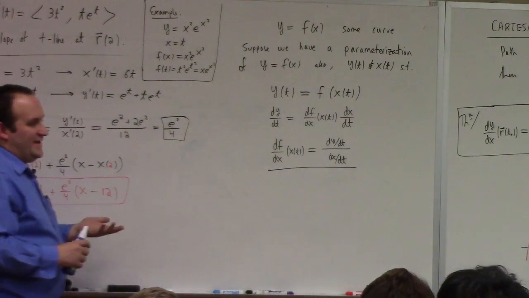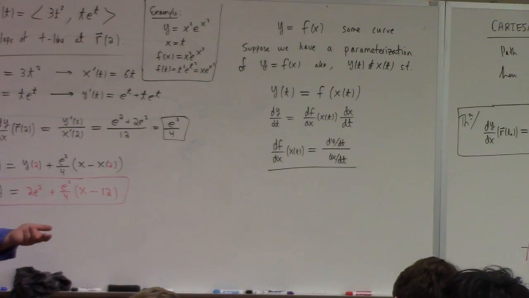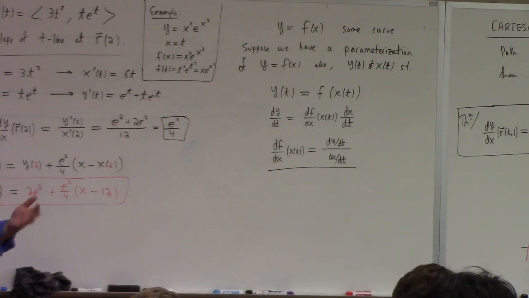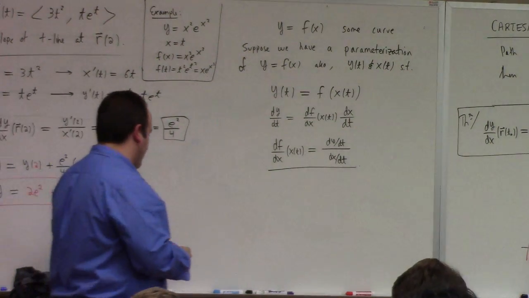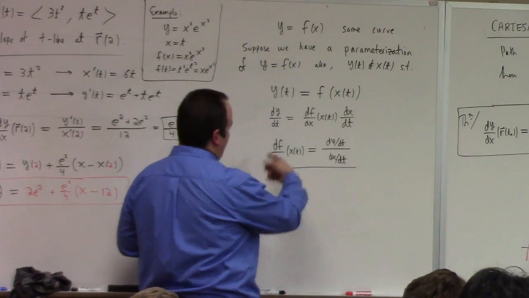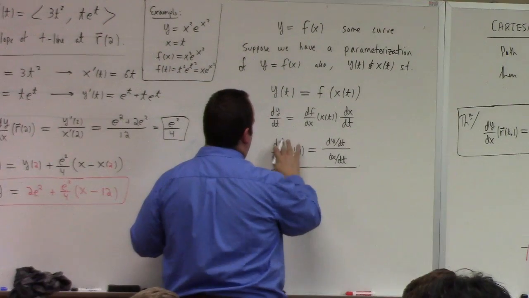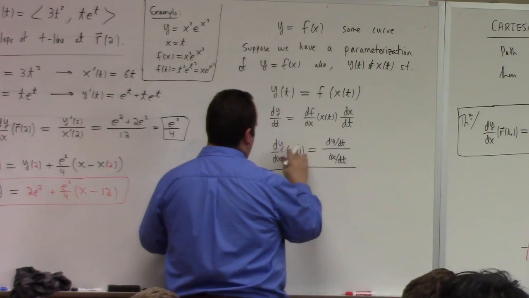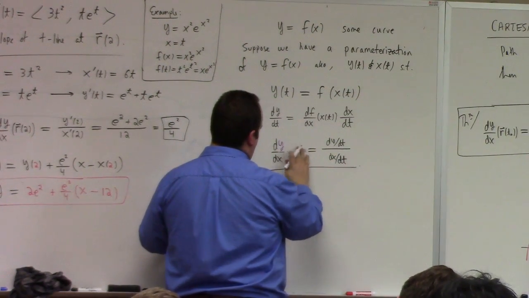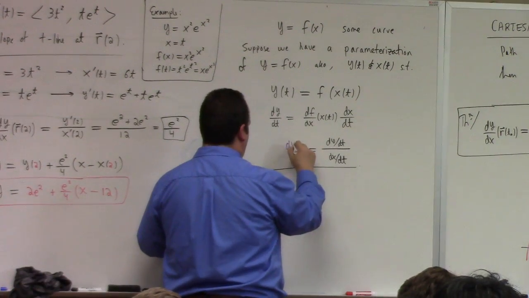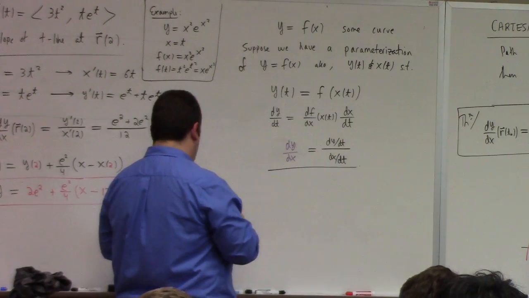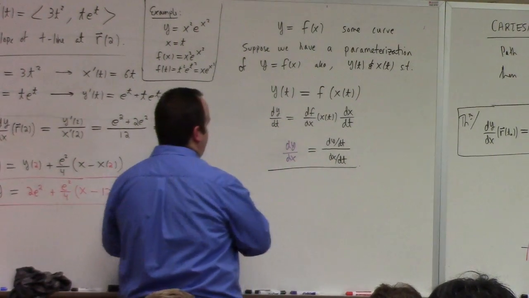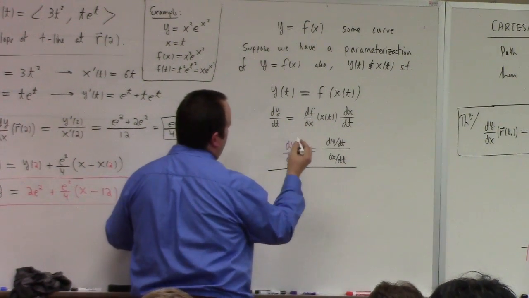So how would you get the second derivative if you wanted to calculate y prime prime from the parametric equations? What would you do then? Customarily this is rewritten, dy. So let me just trade f's for y's.